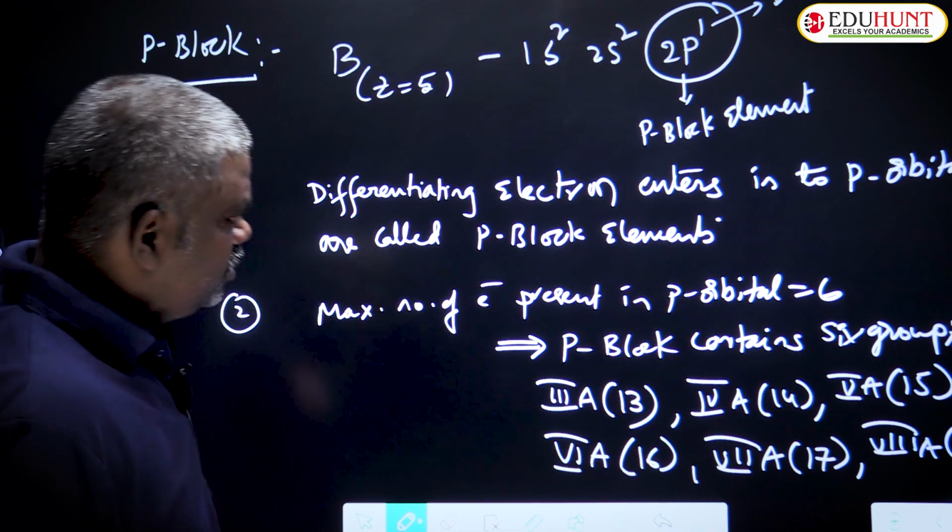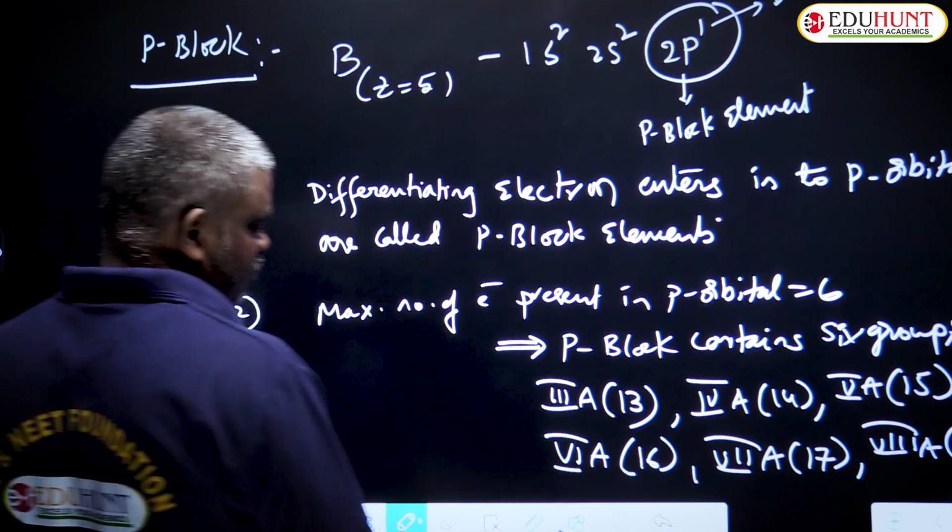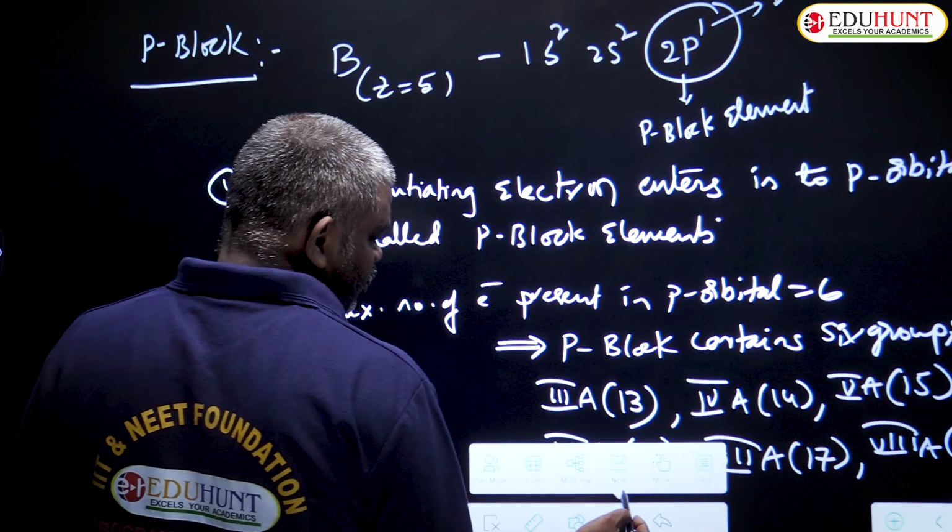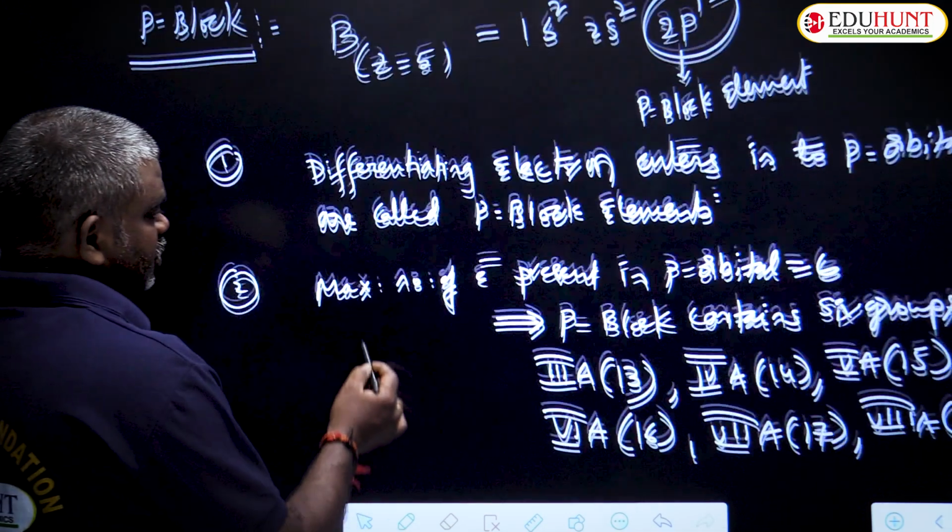Total 6 groups are present in P block. Understood?